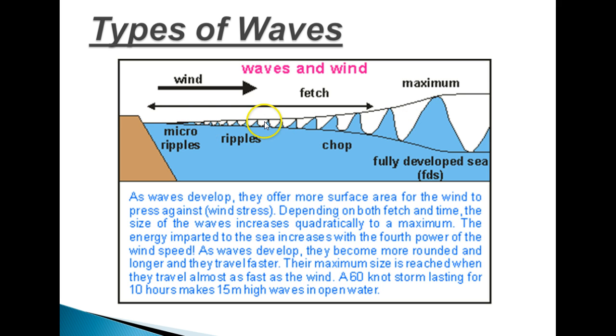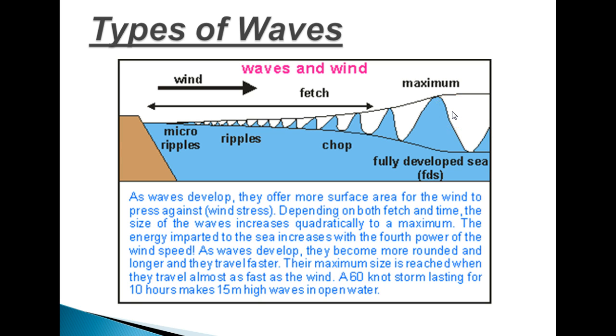Okay, so these micro ripples form next. Now, there's not much surface area, but as the fetch increases, ripples form, which are now larger. Then chop forms, which are larger still, which gives a tremendous amount of surface area for the wind to blow on now. And then from chop, we go to what's called a fully developed sea, which you've seen before.